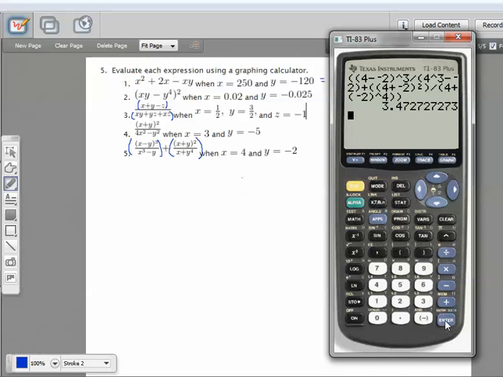And I believe I have all my end parentheses there. So we should get 3.4727.